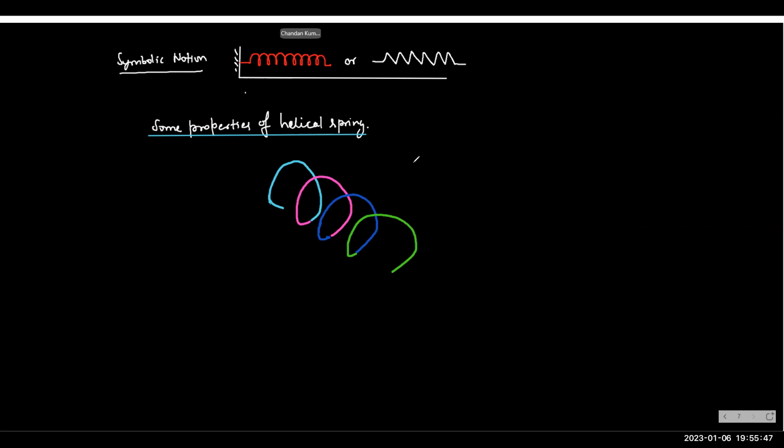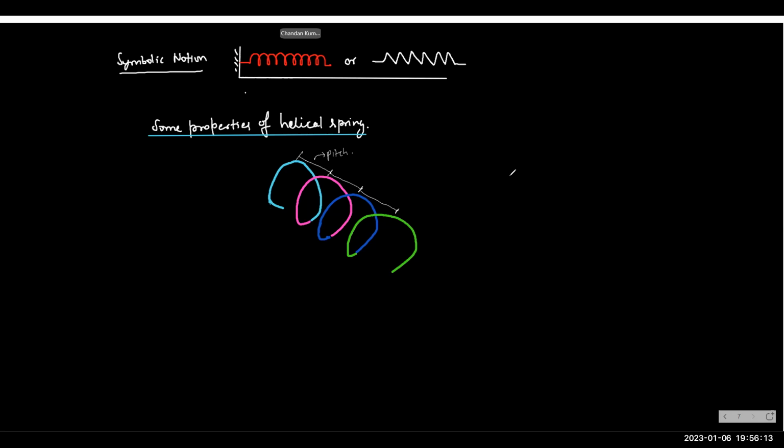So in a helix, if you look at the spacing from the first peak to the second peak to the third peak, and so on, this spacing is called pitch. Between two successive coil tips, the gap is called the pitch.